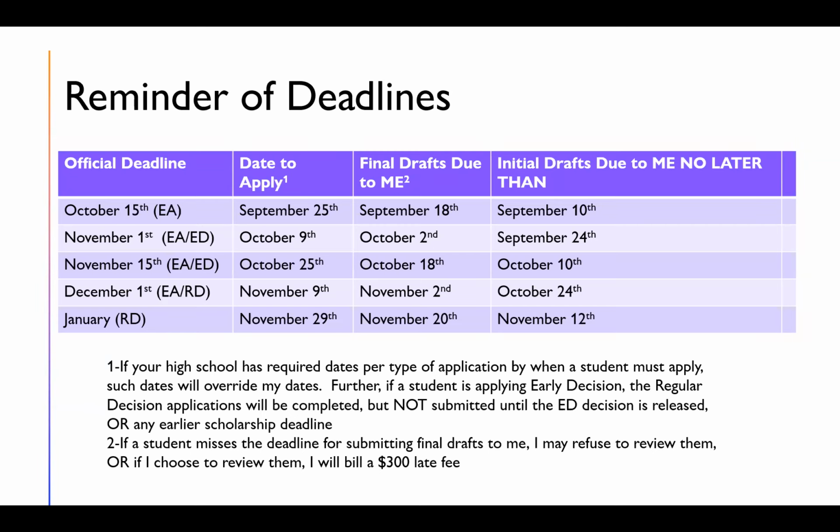There are a couple of different rules if we're talking about a student applying early decision, but the idea is I can't have students reaching out to me 3 days before a deadline saying, I need you to review this tonight. That isn't going to work. So that was part of the contract, and I will try to remind them, and it will be in your best interest too, for them to get these applications done.